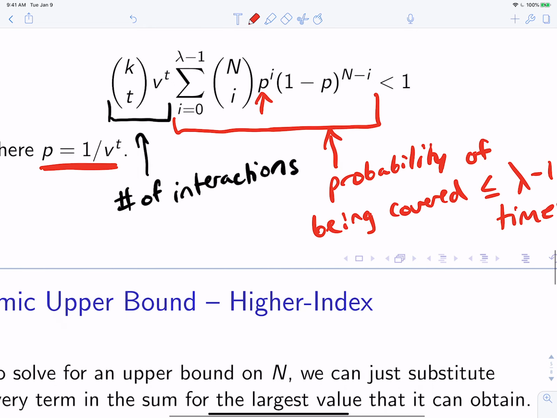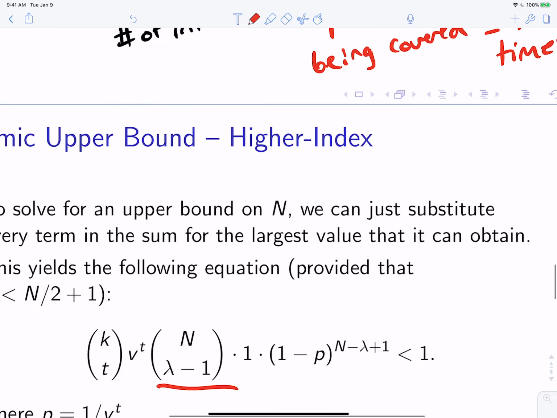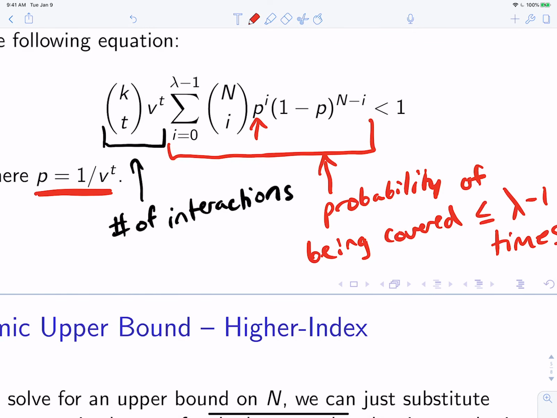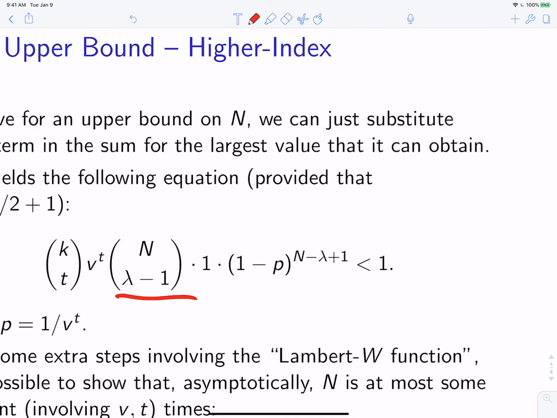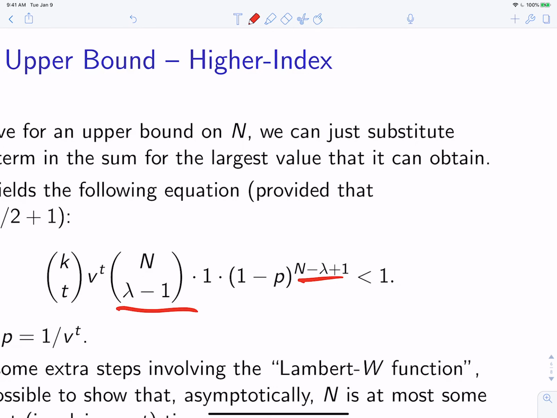Well, p to the i is maxed when i is equal to 0, so I just put 1 here. And for the other one, 1 minus p to some power, the smallest power possible is the highest value it could ever obtain. So when i is maximum, which is lambda minus 1, then that's the best we can do. So why upper bound? Because if this equation is less than 1, then the original one must be less than 1, which is exactly what we want.